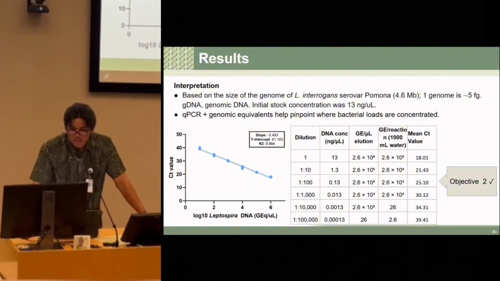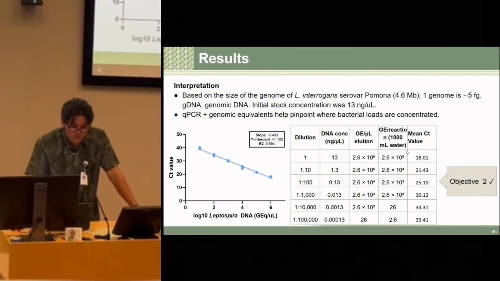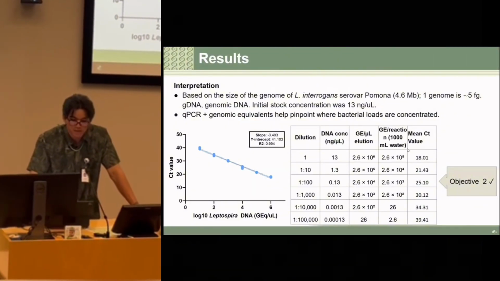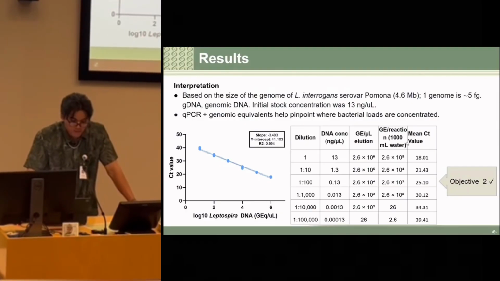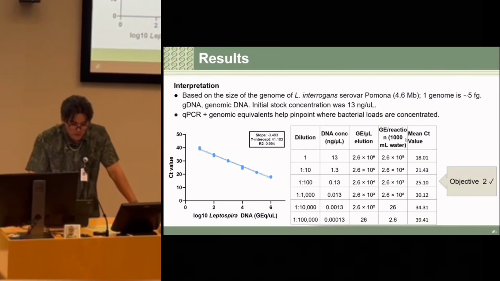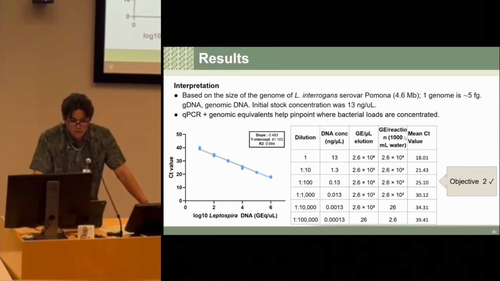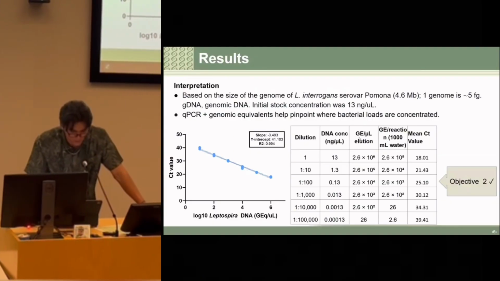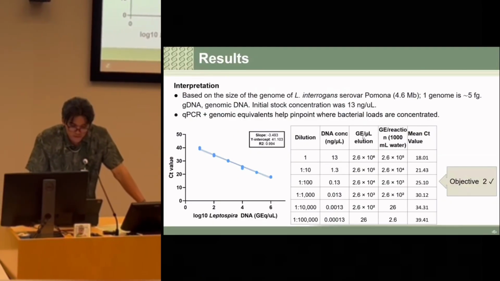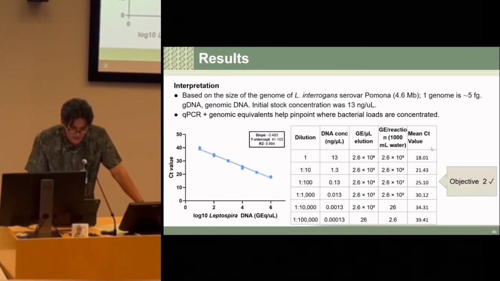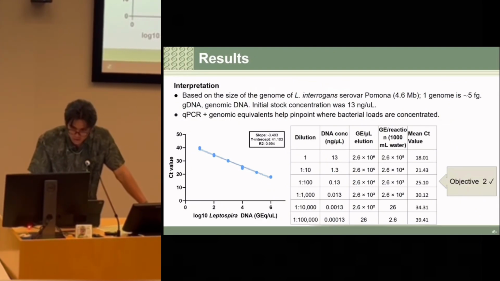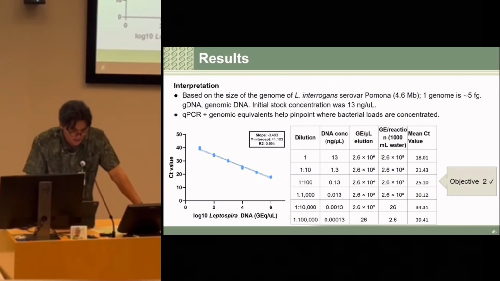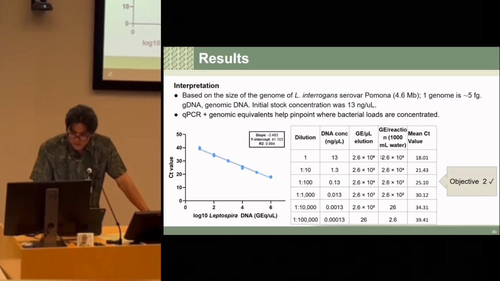For accurate detection and quantification, all the results are standardized using a qPCR standard curve. Instead of just reporting CT values, we convert every sample into genome equivalents, or GE for short. So for example, if a sample gives a CT of 18, that corresponds to about 260,000 genome equivalents per liter.